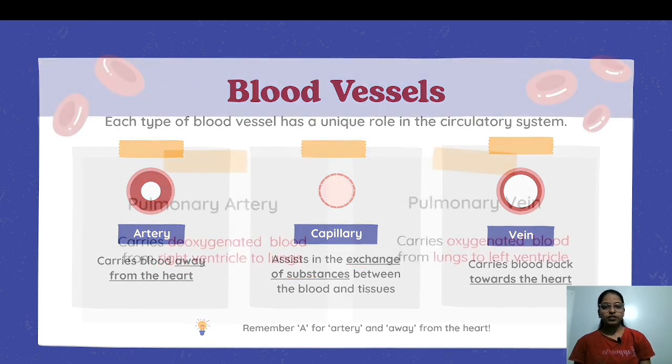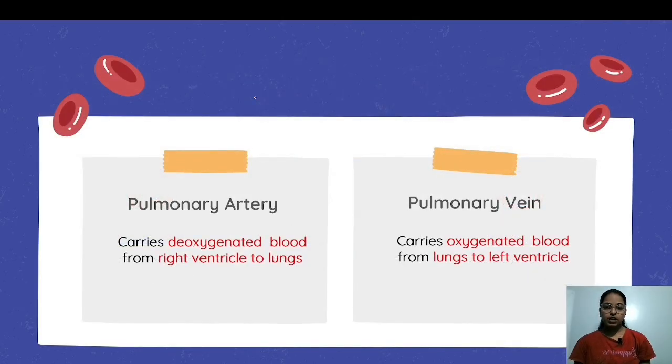Okay, next, now we have seen that artery carries oxygenated blood and veins carry deoxygenated blood, correct? Arteries carry blood away from the heart and veins carry blood towards the heart, right? But here, now see, arteries carry oxygenated blood, but the pulmonary artery carries deoxygenated blood from the right ventricle to the lungs.